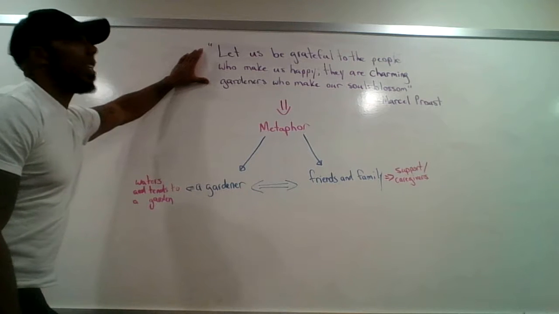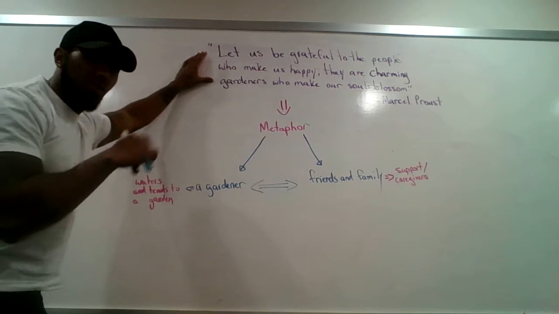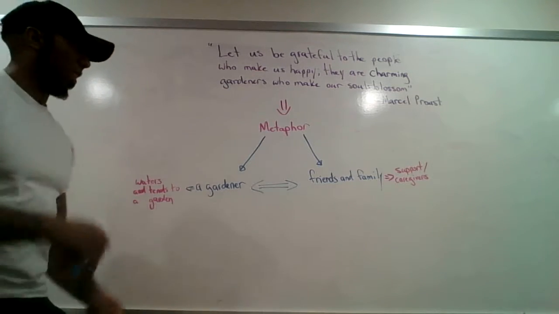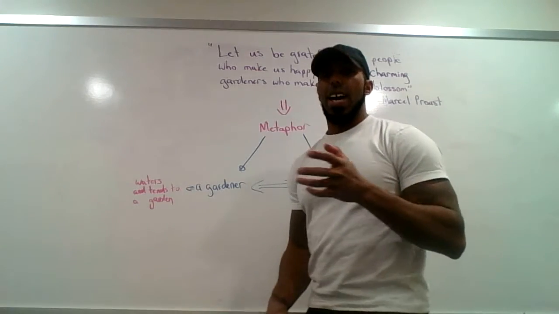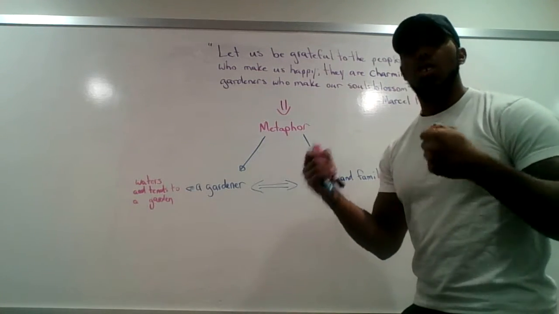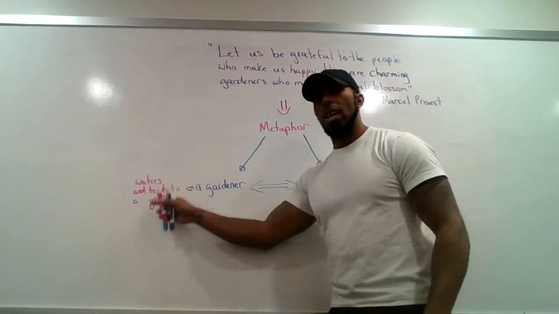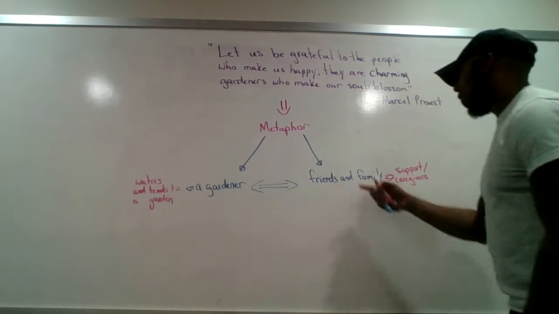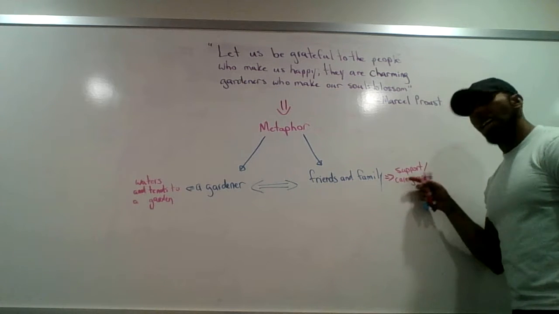What does Proust mean when he makes that comparison between people who make you happy and gardeners? That is in the actions that each of these persons do. A gardener tends to and waters the garden with the same attention that your friends and family offer you support and take care of you.